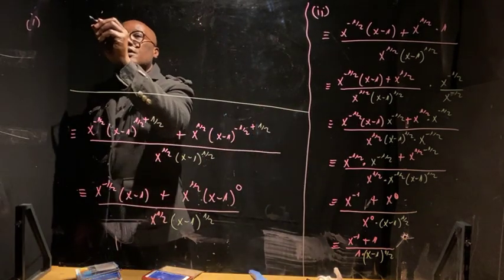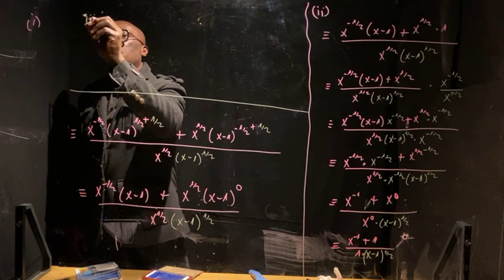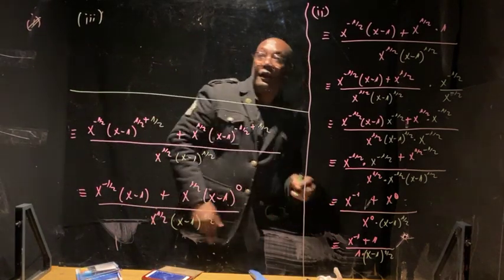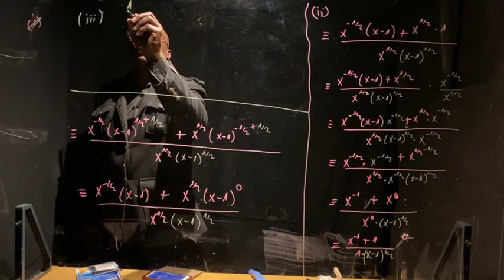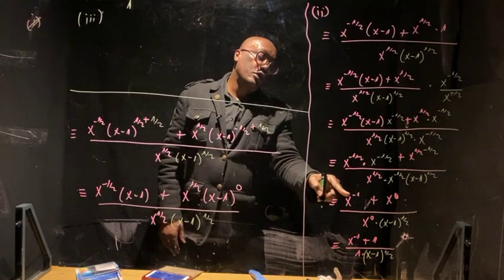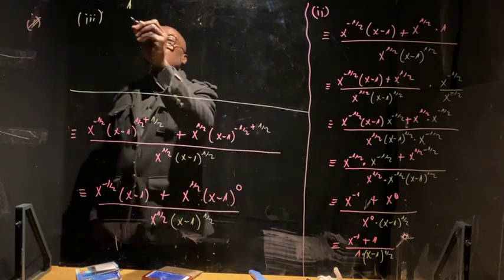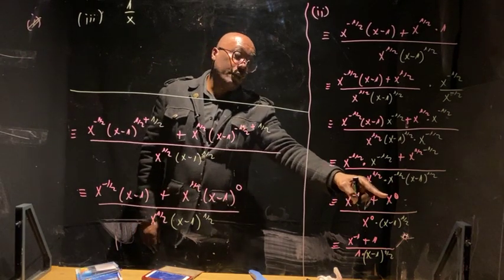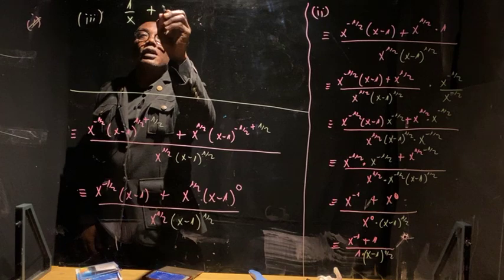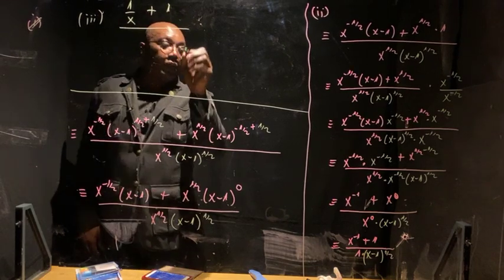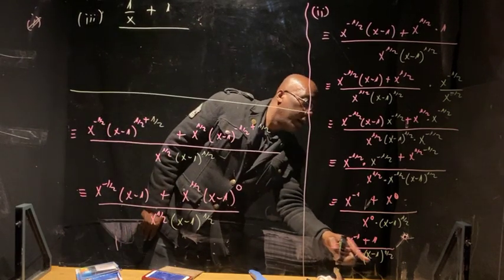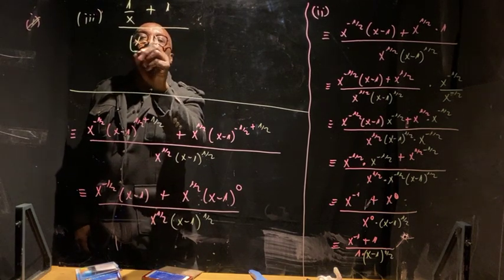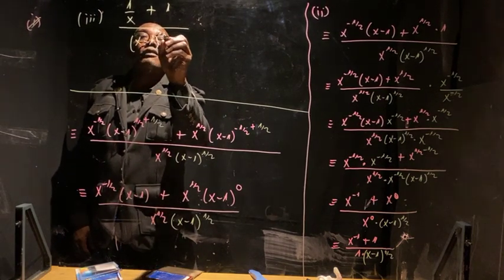I'll call it session 3. We left off here, so it becomes 1 over x raised to the power -1, which is the same as 1 over x, plus any number raised to the power 0 is equals to 1. 1 over x plus 1 all over x minus 1 raised to the power half.